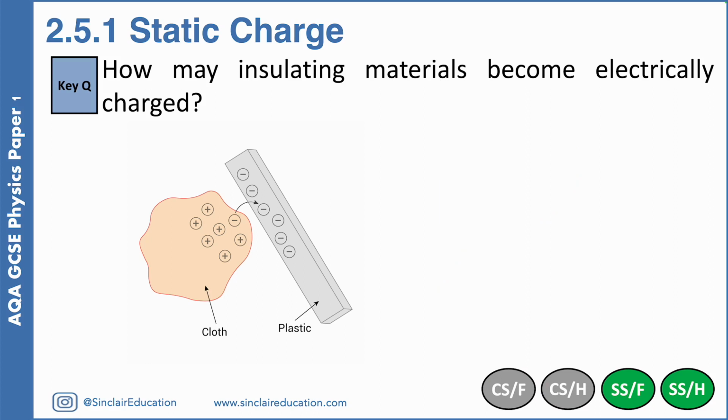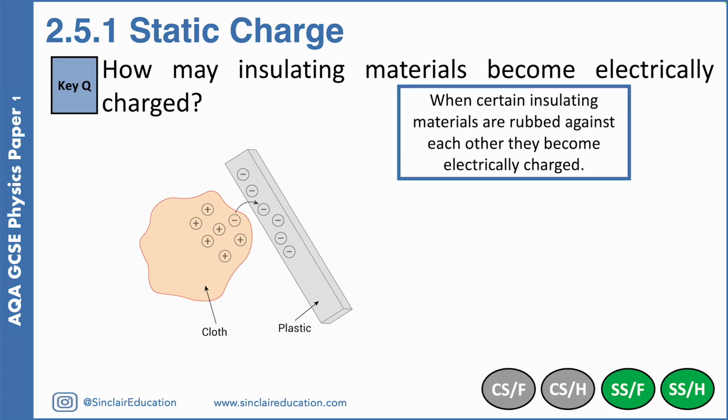Moving on to the separate sciences only content for electricity, we've got this idea about static and charging objects. With this, we have insulating materials, and the key idea is we have insulators that rub up against each other, and as this happens electrons are transferred from one object to another.